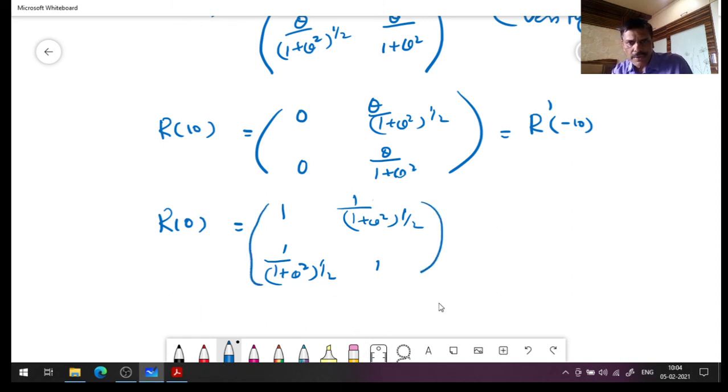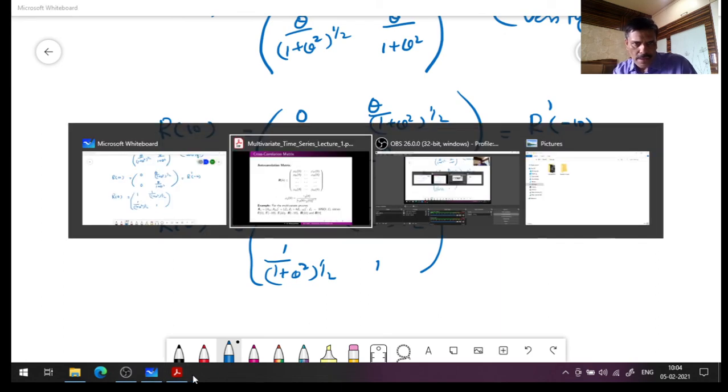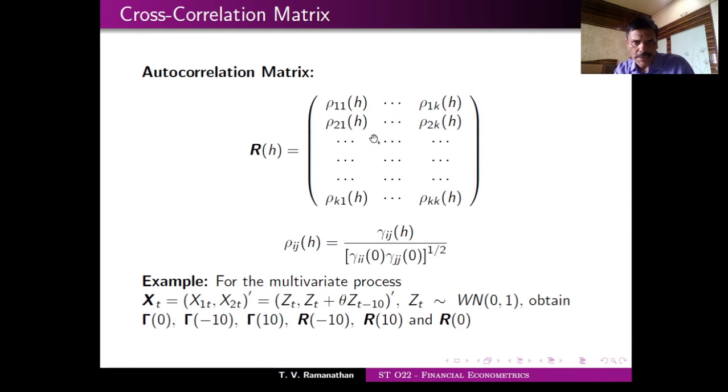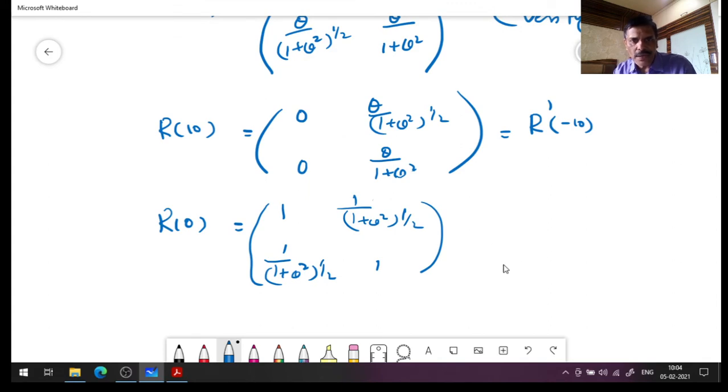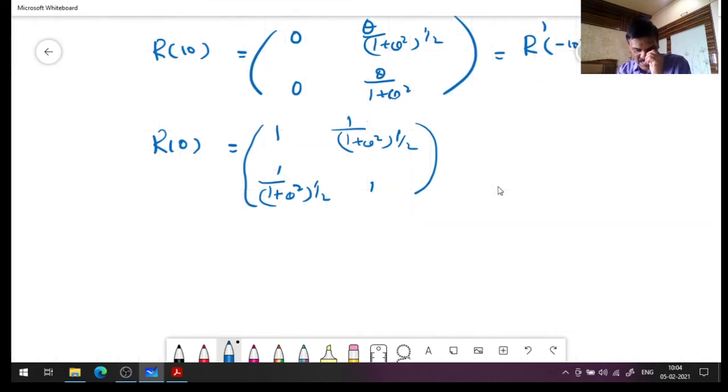If you see, I have this matrix. You put h equal to 0, and you can just compute them in this particular case. You need to do that exercise because you already know these things in the univariate case. So we can simply compute them. Okay, so this is the computation associated with it.